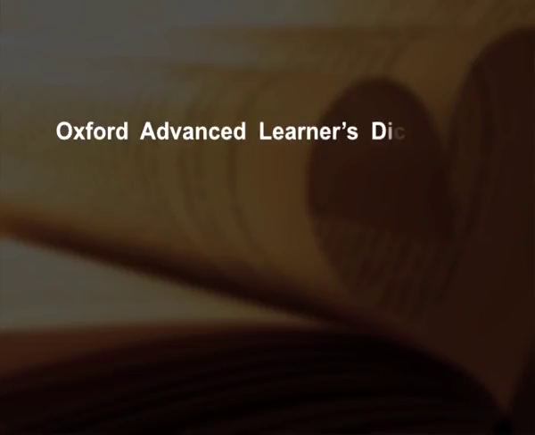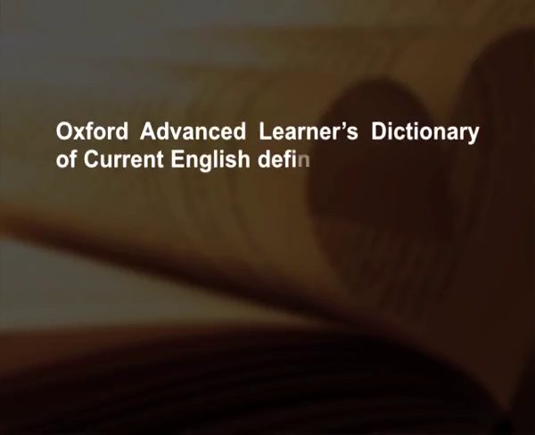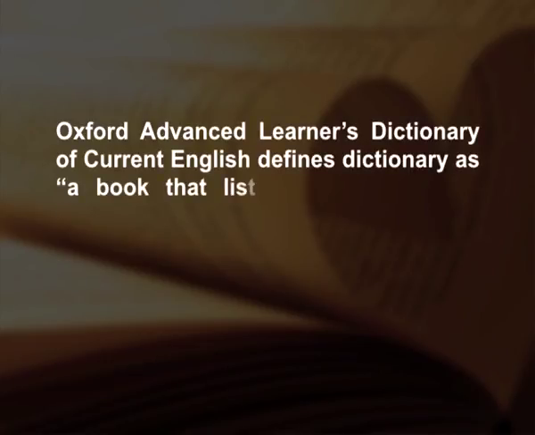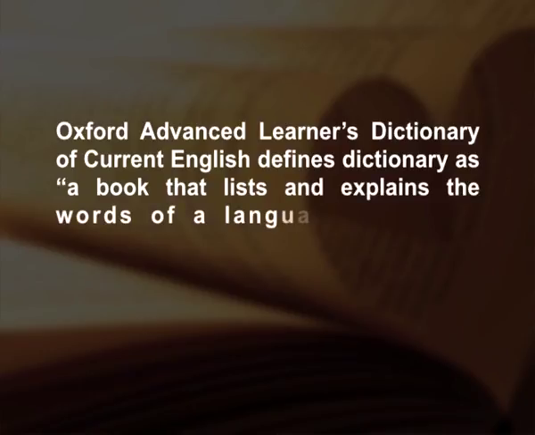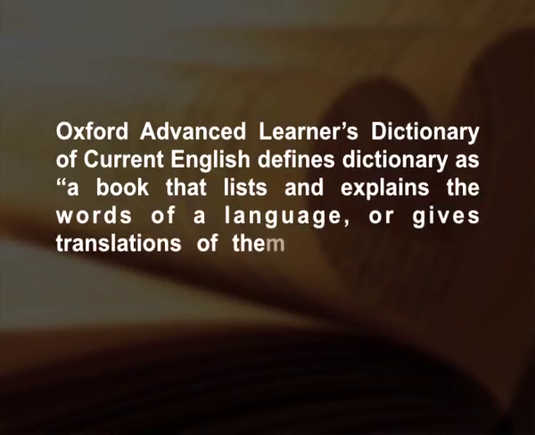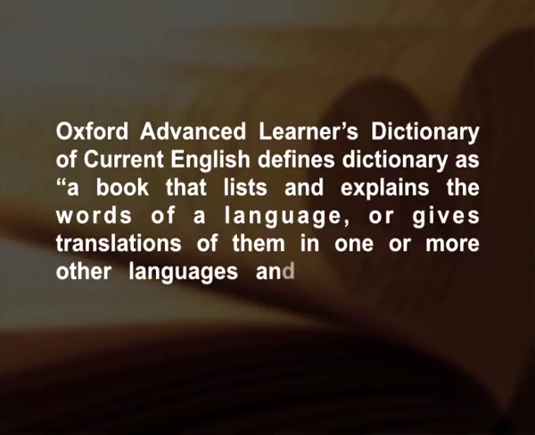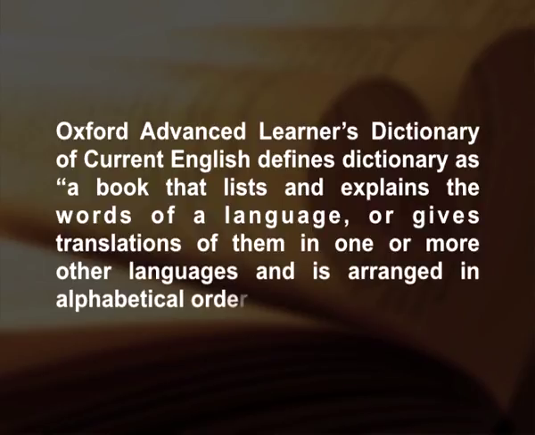It gives alternative meanings of terms, pronunciation, spelling, syllabication, use, history of words, etc. Oxford Advanced Learner's Dictionary of Current English defines a dictionary as a book that lists and explains the words of a language or gives translations of them in one or more other languages and is arranged in alphabetical order.